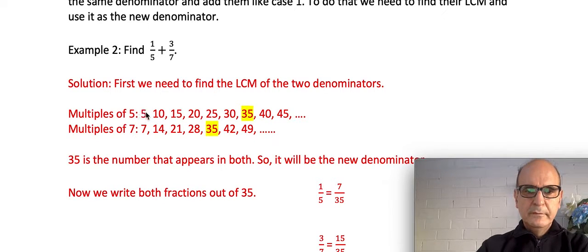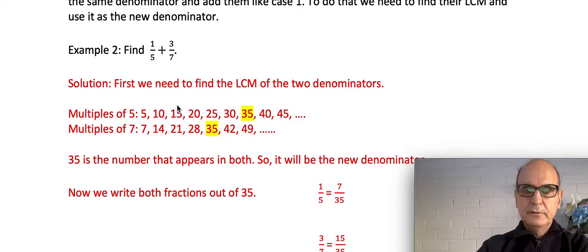As you remember, to write the multiples of any number, start with that number and keep adding the number to itself. So 5 and keep adding 5 to itself, you get 10. Then keep adding 5 to that, you get 15, and you always add 5, the original number.